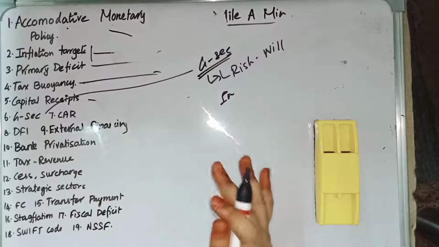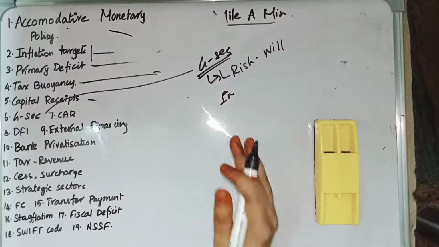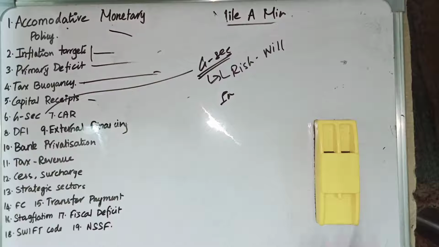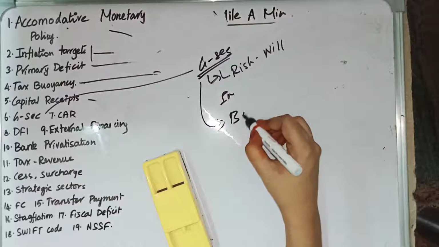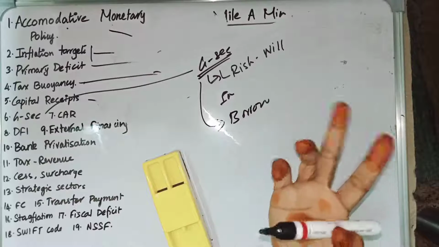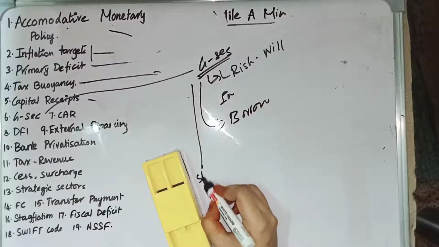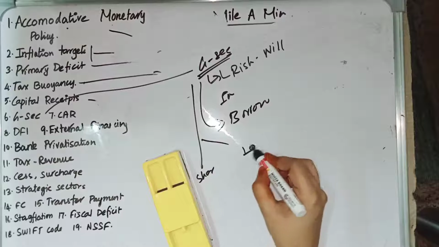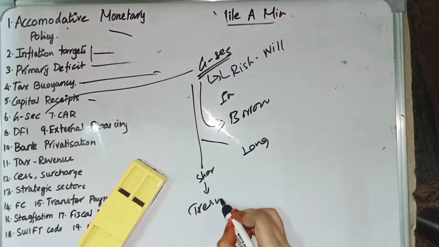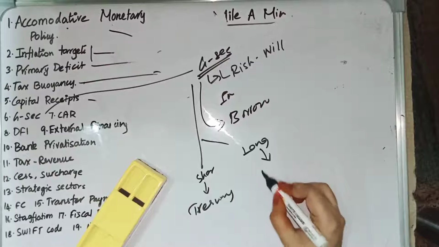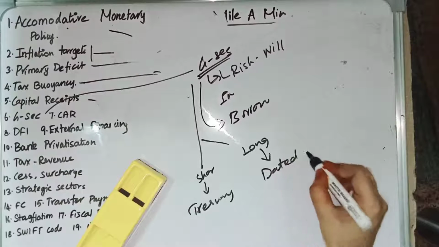GSEC is a debt instrument issued by the government to borrow money. And there are two types of GSEC: short-term investment and long-term investment. The short-term investments are called treasury bills, whereas the long-term investments are called dated securities.